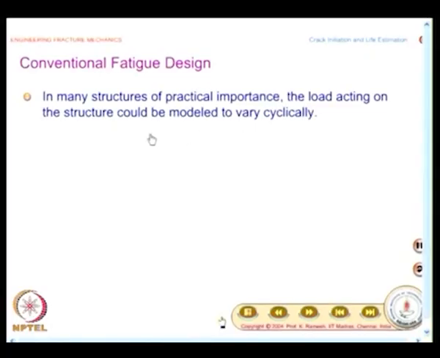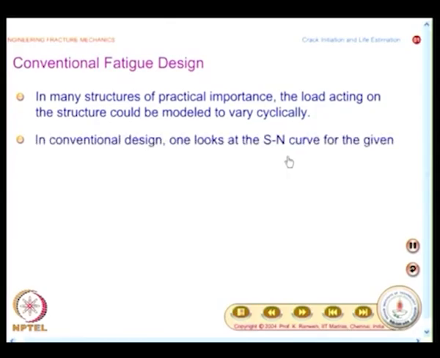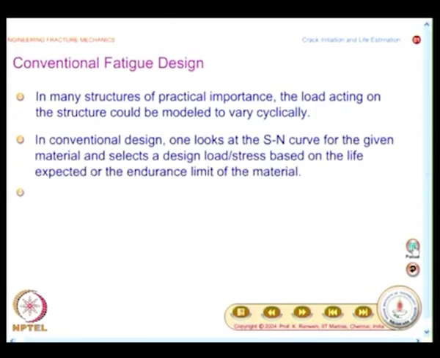So, you have to accommodate the response of the structure due to variable loading, and one of the simplest modeling that you could do is that the load varies cyclically. Later on you will bring in Fourier series analysis and express the complicated loading as addition of harmonics, and then handle the situation.